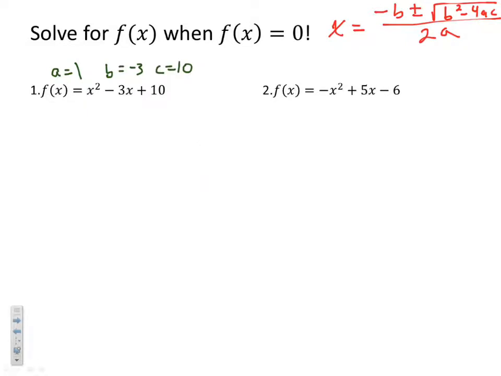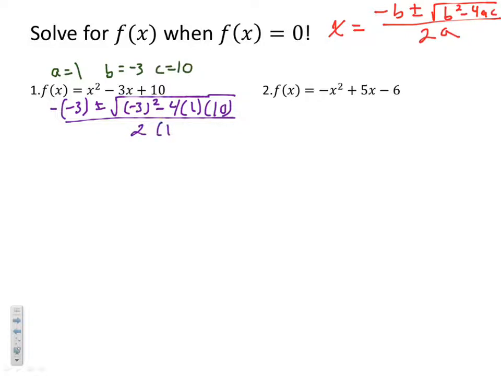So knowing that, I can plug those into the quadratic formula. So it's negative negative 3 plus or minus square root of b squared, so that's negative 3 squared, minus 4 times 1 times 10, all over 2 times 1.